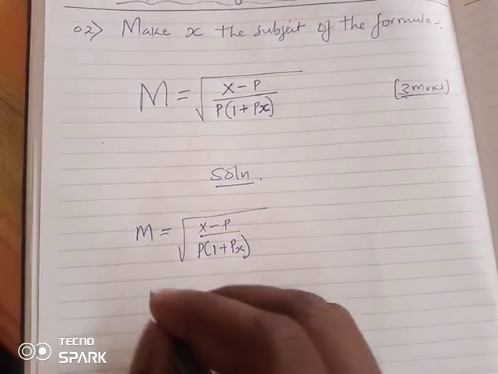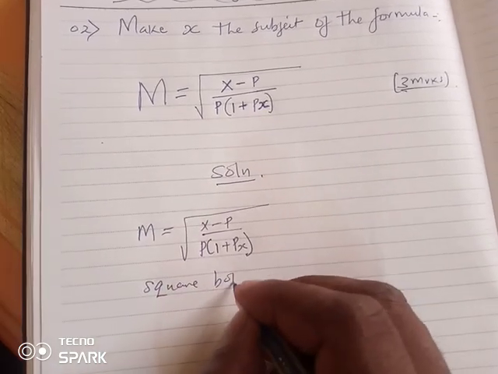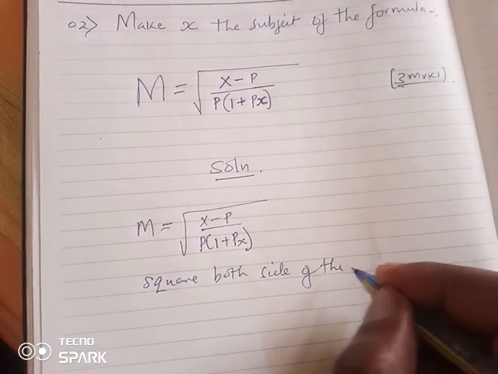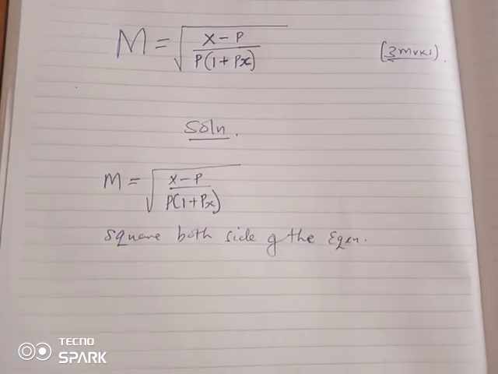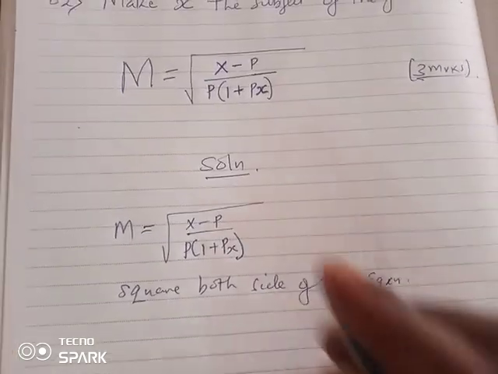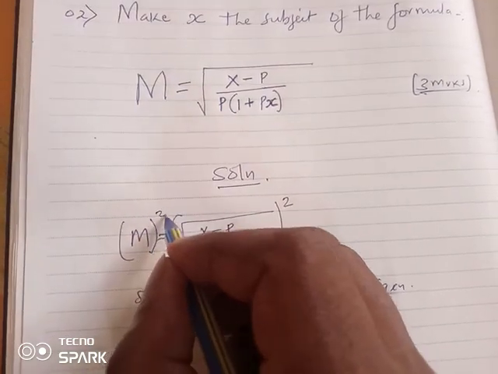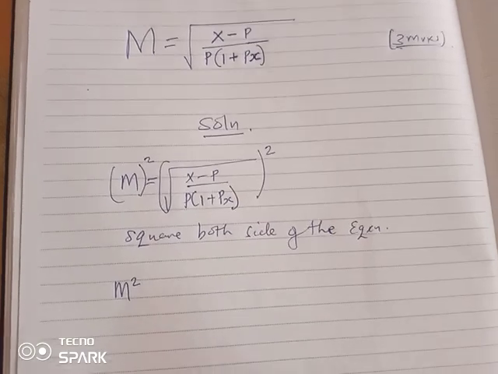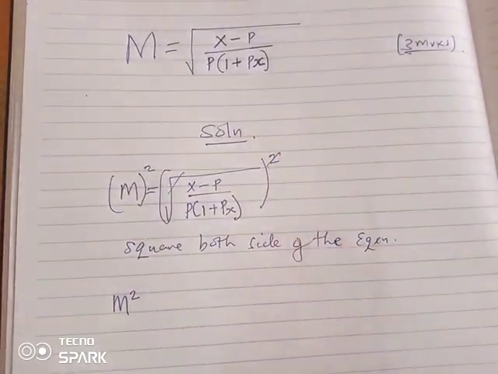So we are going to square both sides of the equation. Squaring both sides, we shall have, of course, m squared. When we square a square root sign, we eliminate it.